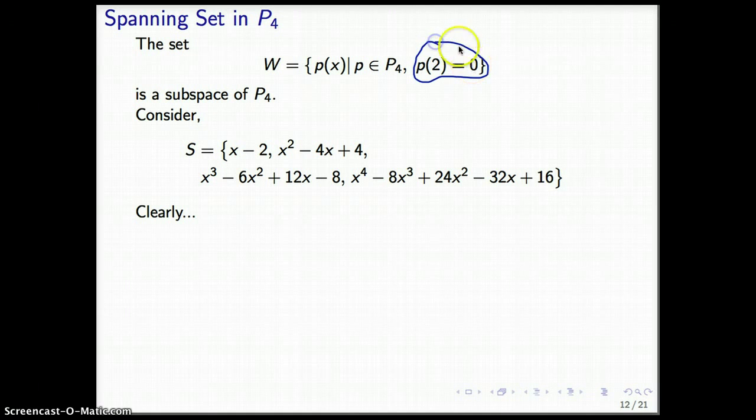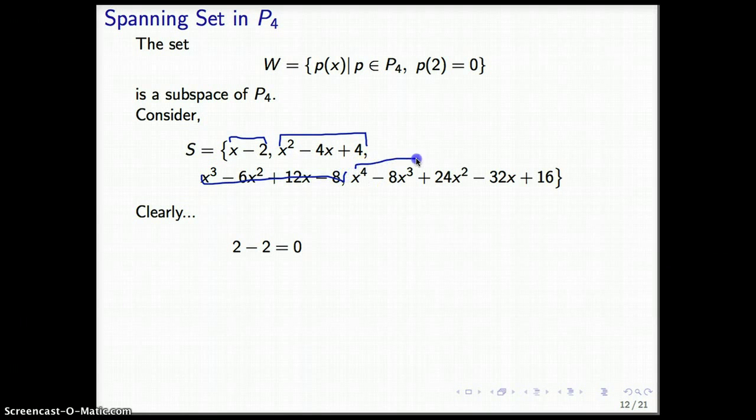One of the roots equals the number 2, so that polynomial evaluated at 2 equals 0. This is a subspace of P4, and what we're going to consider now is a set S that contains the following elements. It contains x minus 2, it contains x squared minus 4x plus 4, it contains this element, and then also this other element.